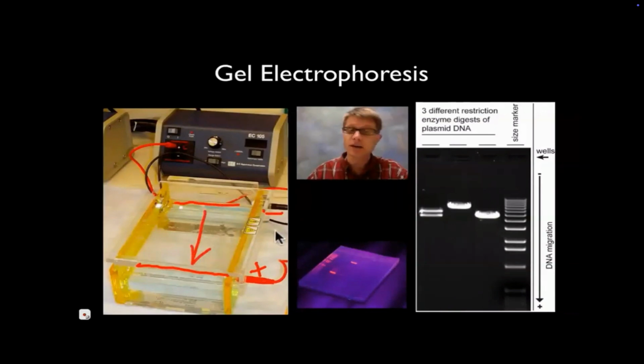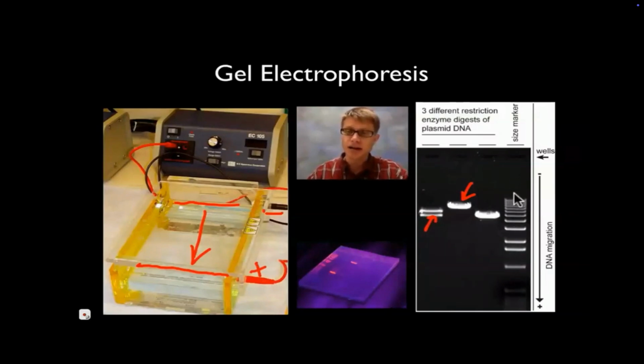So basically, the DNA is going to migrate across that gel. DNA has a negative charge, so it's going to be pulled towards the positive end. And so if you've ever heard of a DNA fingerprint, what's going on? Well, basically the DNA is going to be pulled in this direction. We could say this, since it's been on for a while, that this fragment right here is going to be bigger than this fragment right here, because this small fragment has made its way farther from these original wells where it was up here.